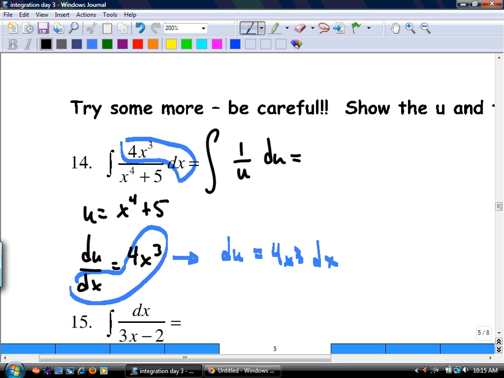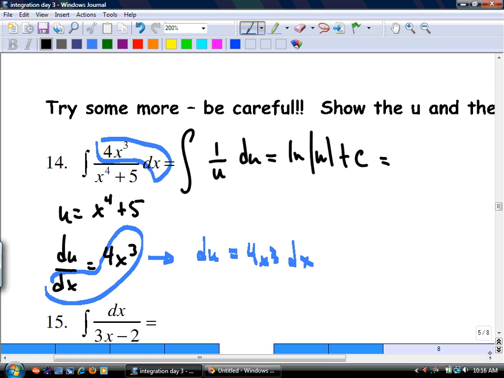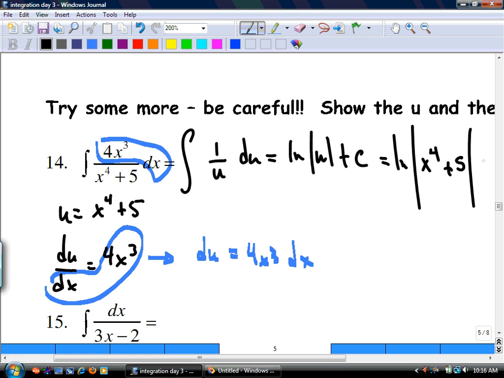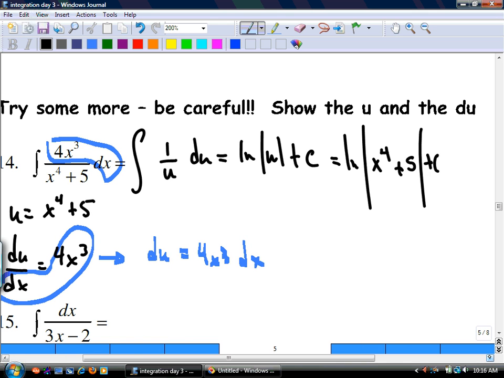Because sometimes, like x to the power of 4, that's a quartic, it's always positive.